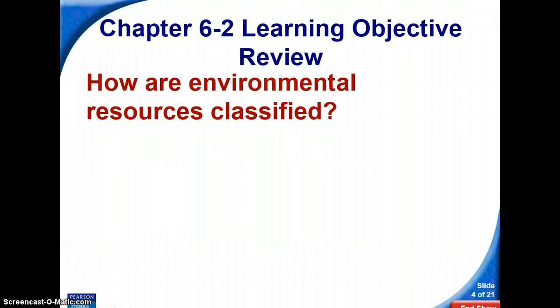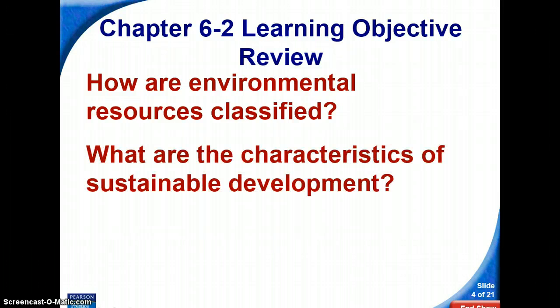Well, environmental resources are classified as either renewable or non-renewable. And what are the characteristics of sustainable development? Well, sustainable development includes using natural resources without depleting them and providing for human needs without causing long-term environmental harm.